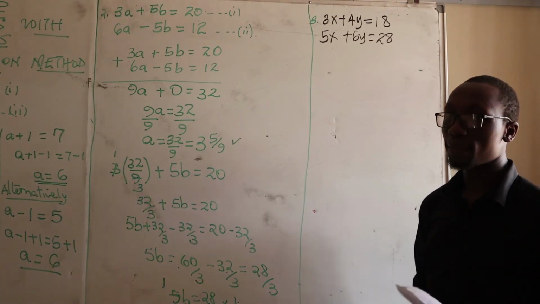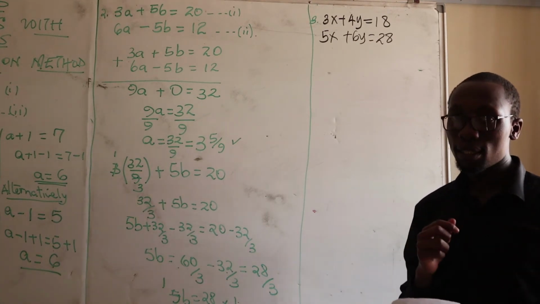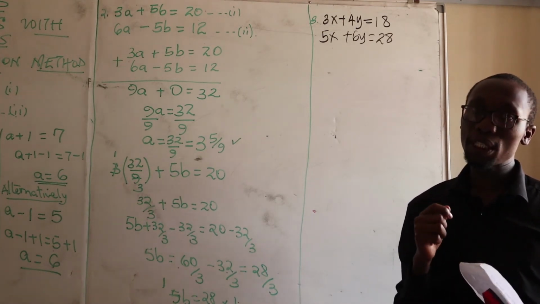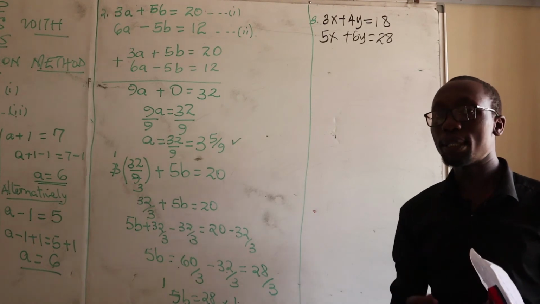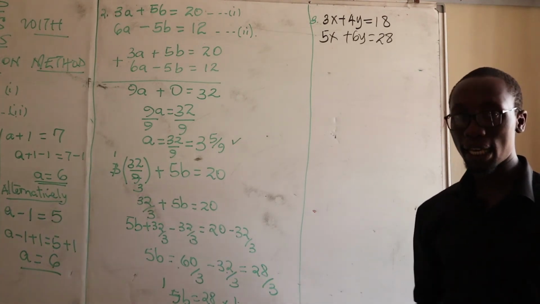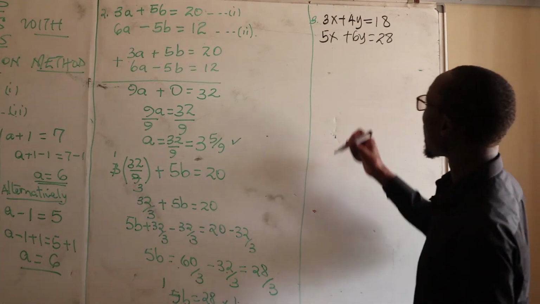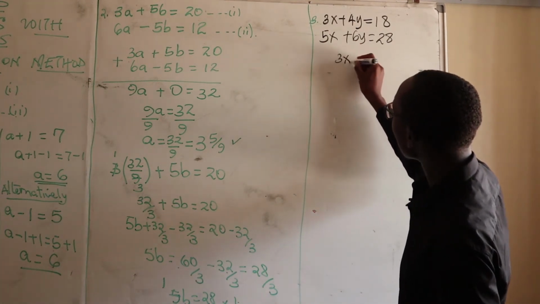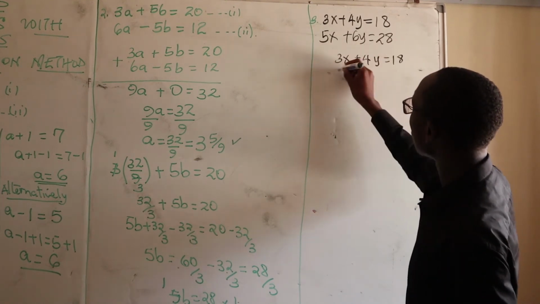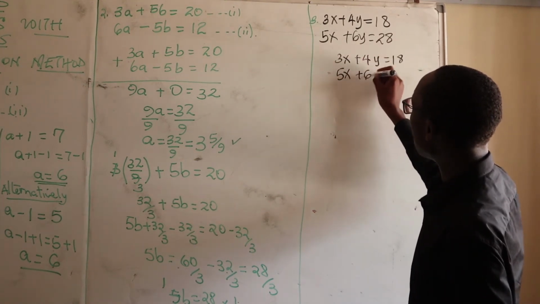How do we do that? First you decide which unknown you want to eliminate. In this case, I may decide, let me eliminate x. If I decide to eliminate x, then I'm going to rearrange these equations in the vertical order, just like they are. I can rewrite them.